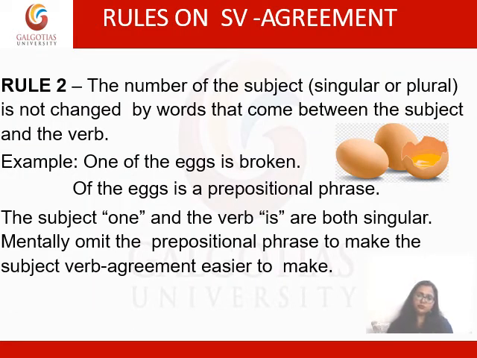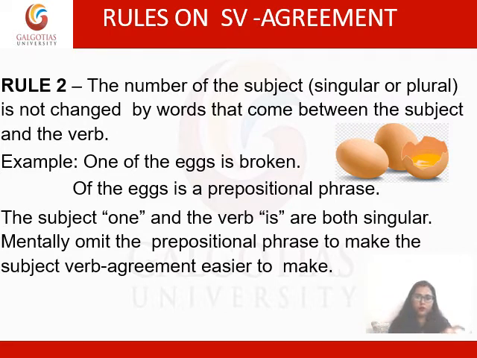Now rule number 2, the number of the subject, whether it's singular or plural, is not changed by the words that come between the subject and the verb. Example, one of the eggs is broken. When I say one of the eggs is broken, of the eggs is a prepositional phrase here.